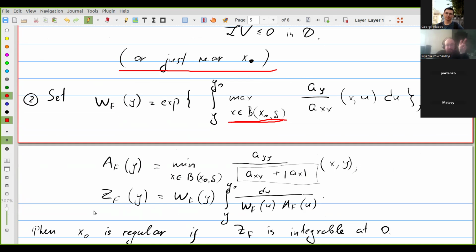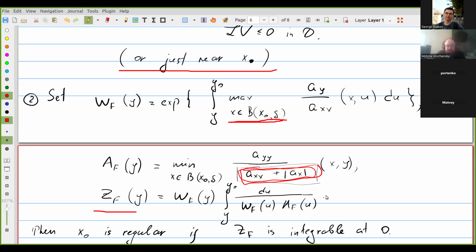So if you calculate this, you will get almost the standard functions that are used in the Feller test, with one correction. In the Feller test, this is just 1, at least in all versions I am aware of. It's just 1, and then this is exactly the function.